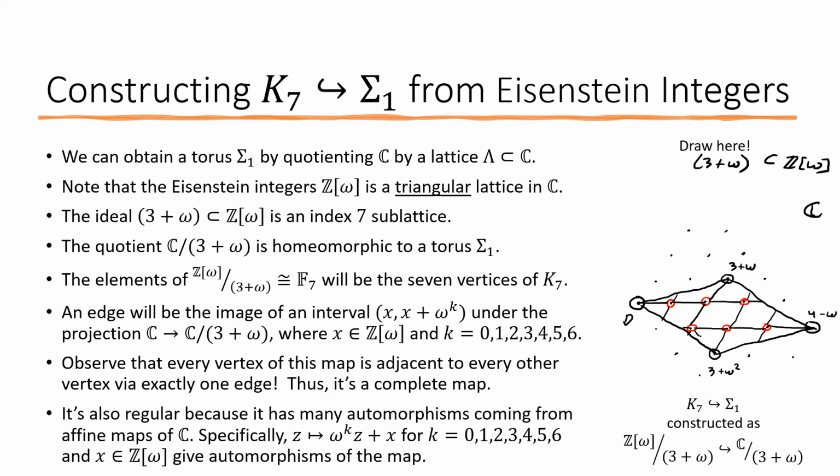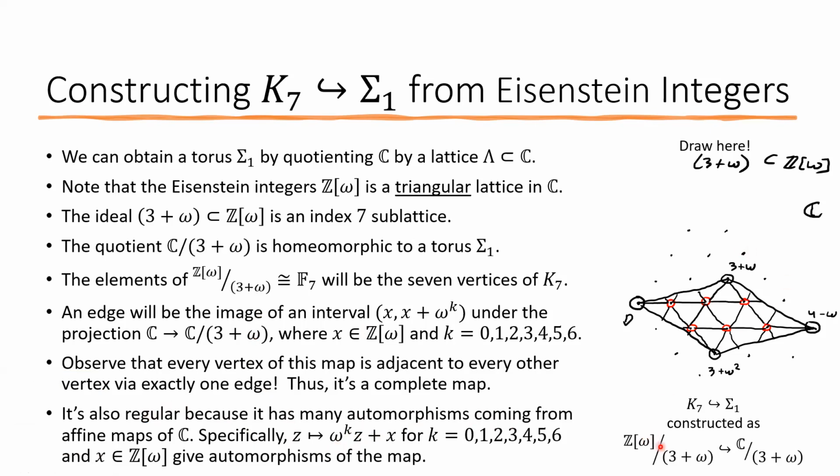And the last one. Okay, so that's the complete graph on 7 vertices embedded inside of a torus. And we got it from the Eisenstein integers. And just like before, it's a complete graph and it's a regular map. So it also has many automorphisms coming from affine maps of the complex plane. And this time z is going to map to omega to the k times z plus x.